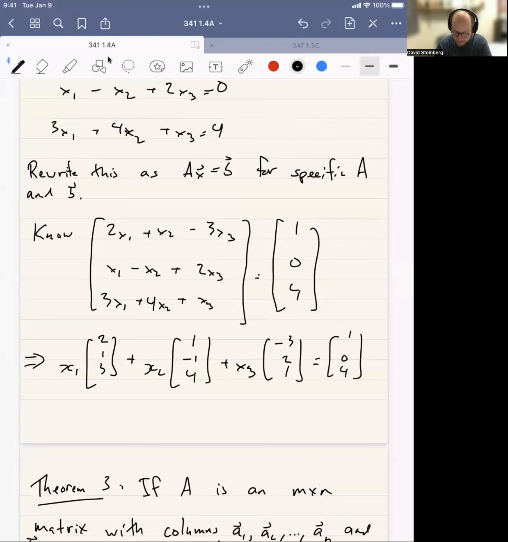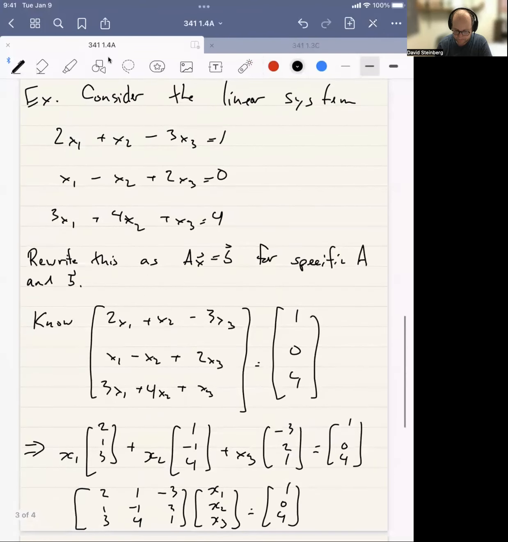And so it looks like, okay, if these are the columns of a matrix, it looks like what we're getting here should be the corresponding weights. So we're getting back 2, 1, 3, 1, -1, 4, -3, 2, 1. If we hit that matrix with the vector x1, x2, x3, and set that whole thing equal to 104, we're getting back this matrix equation with a specific matrix A and specific vector b.